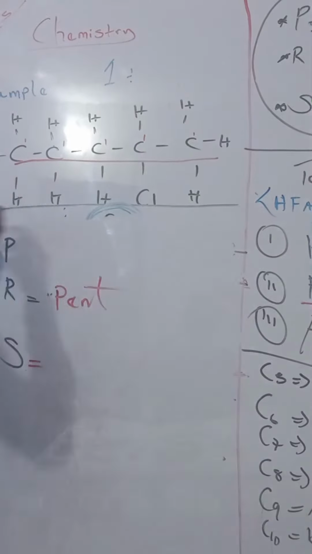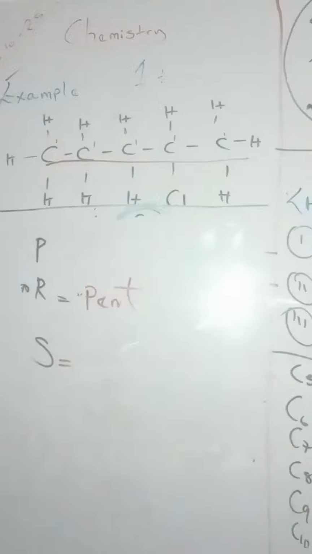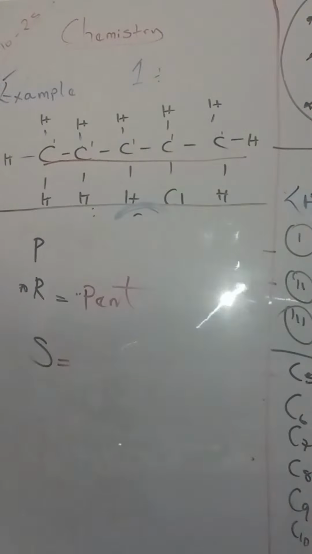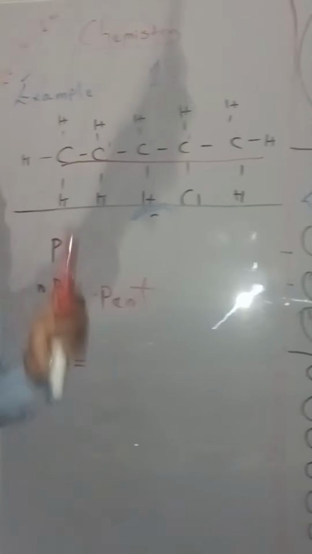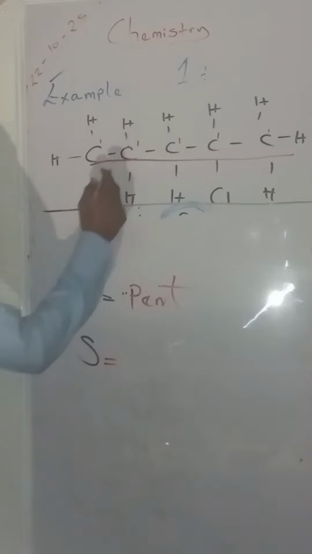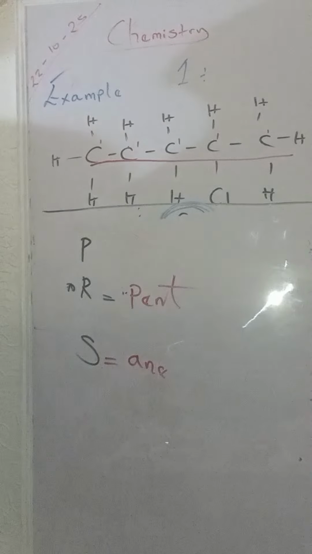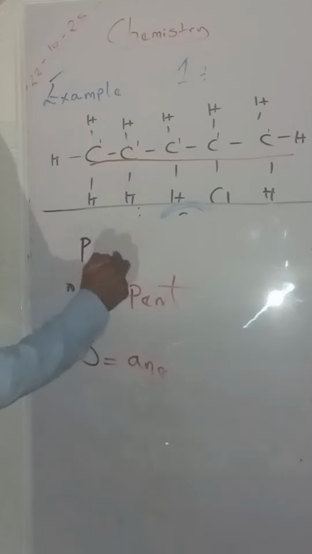In this case, we don't have a double bond, we don't have a triple bond, no OH, nothing. Which means the functional group here is the one known as empty, so it's ane. That is it. So we are done with suffix.